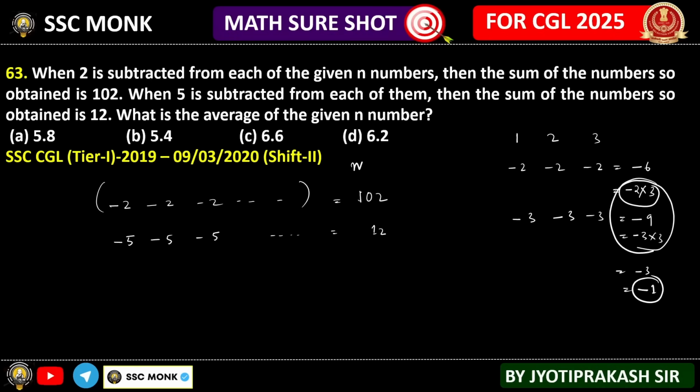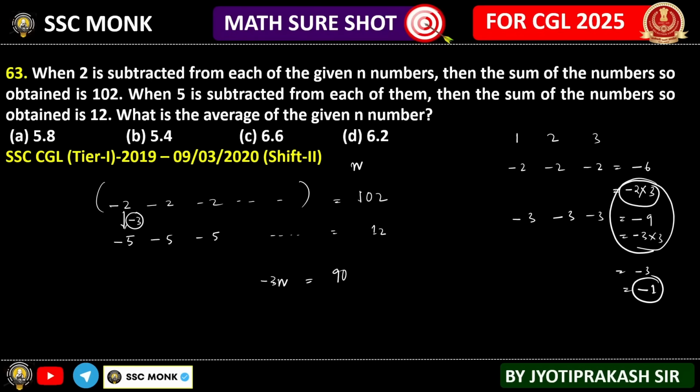Yes or no? Yes. Here on each number, how much has been taken out? An additional 3 has been taken out. That means 3n is equal to 102 minus 12, that is equal to 90.